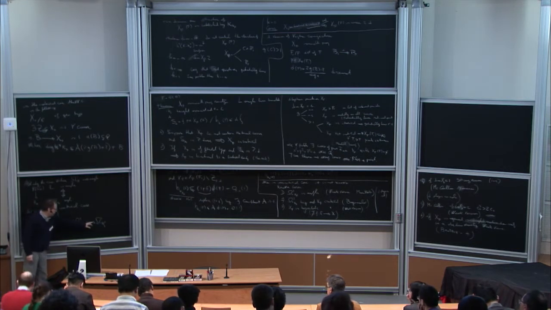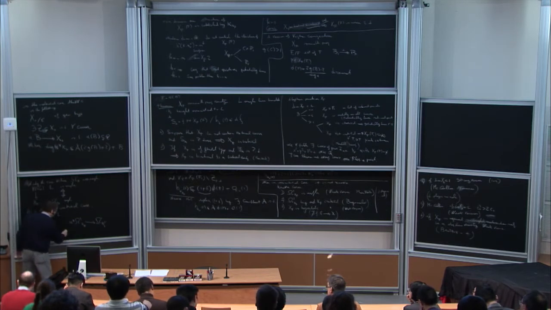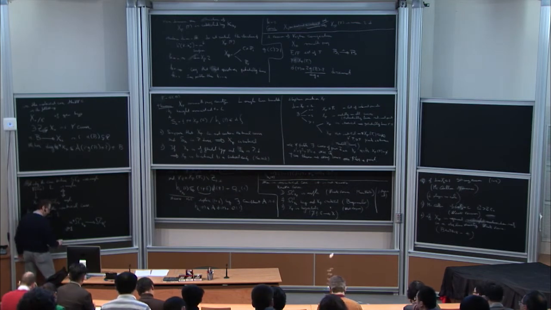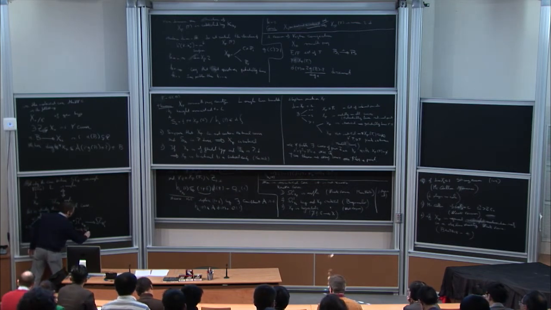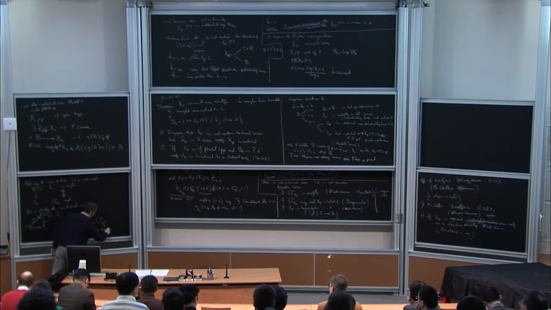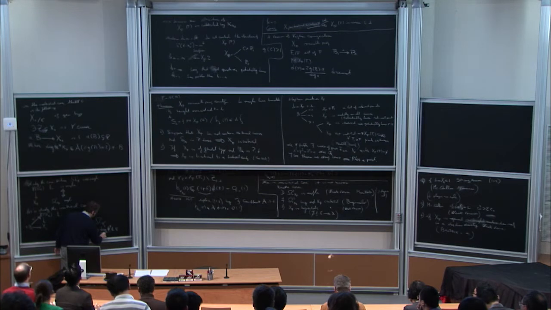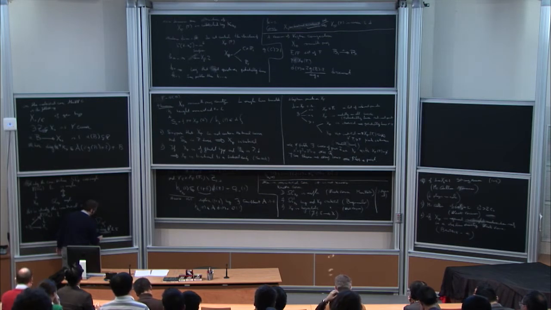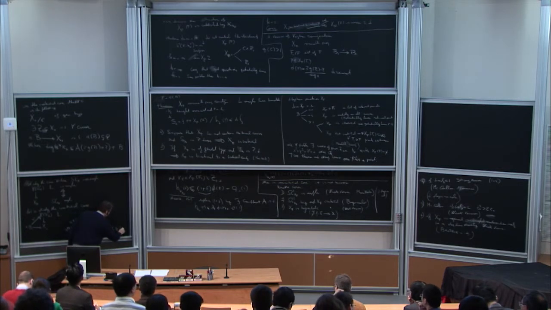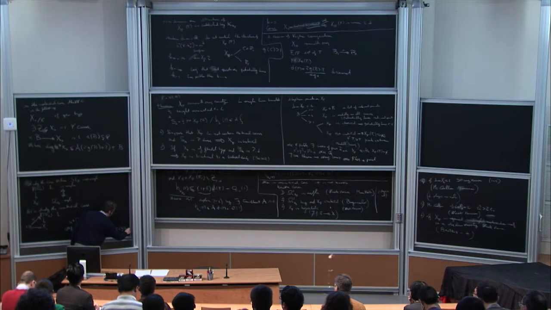Because of this, you see that alpha prime upper star of L is a sub line bundle of omega 1 of B1, which implies that the degree of alpha prime upper star of L is less or equal than 2 genus of B1 minus 2.